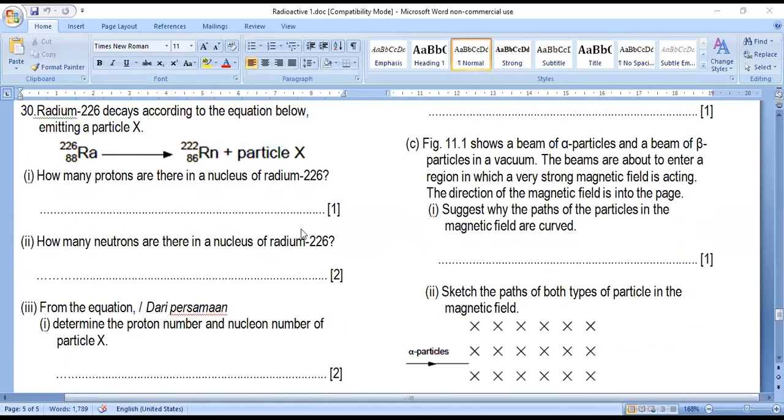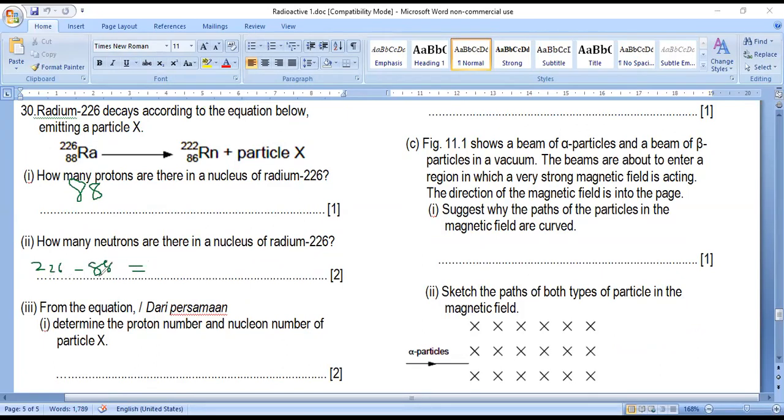Okay, last example. Radium-226 decays according to the equation below, emitting alpha particles. How many protons are there in the nucleus of radium? The answer will be 88. How many neutrons are there in the nucleus of radium-226? So 226 minus 88.